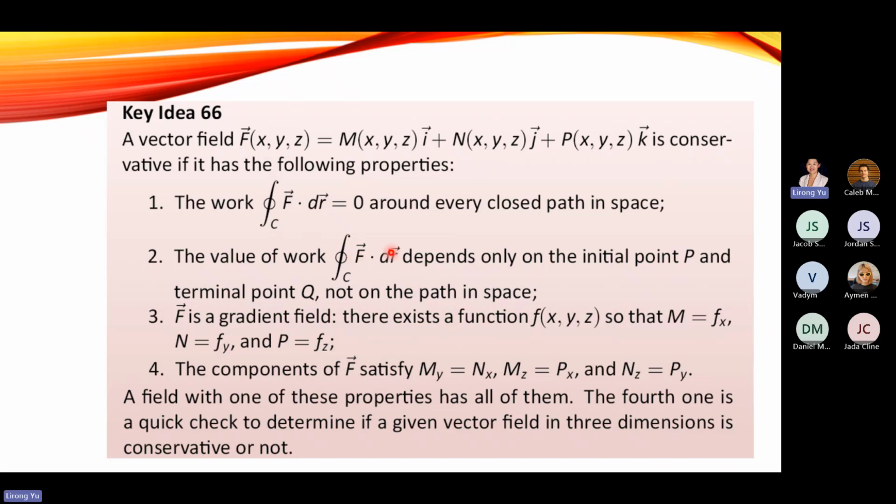So a line integral of F dot dr only depends on the initial and terminal points, so it's path independent. These are a couple of questions about conservative vector fields in 3 dimensions. I think all these results have already been mentioned in Green's theorem in 14.3 when we talked about two-dimensional vector fields.